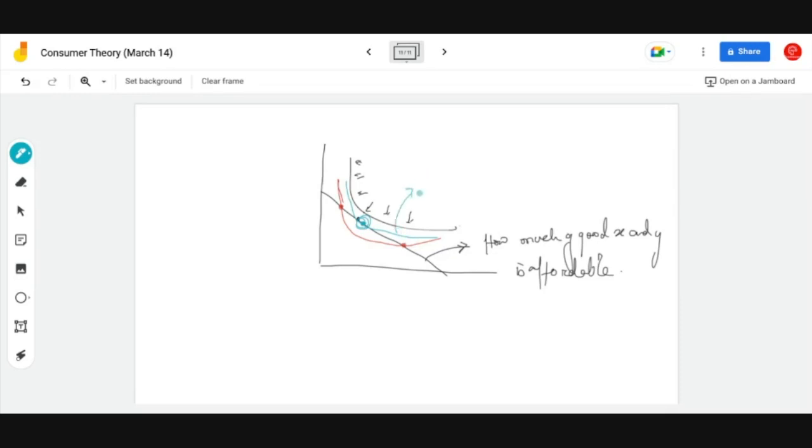But this budget line is on a higher indifference curve than the red one. This means that at this point, you can consume more of good X and Y and still afford it. Therefore, we say that there will be a single tangent point, and this tangent point is the equilibrium.